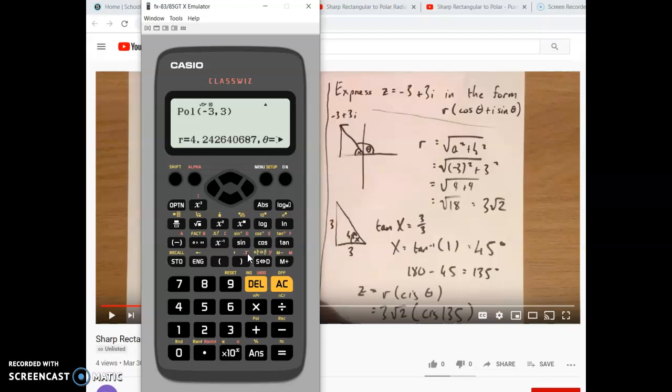To get that x up, it's in red, so I press alpha and then the right bracket, and I see the x up there. Press equals, and it defaults to showing it to me in surd form rather than the 4.24. So if you get a decimal for your modulus, just do that and it will force it to be a surd for you.